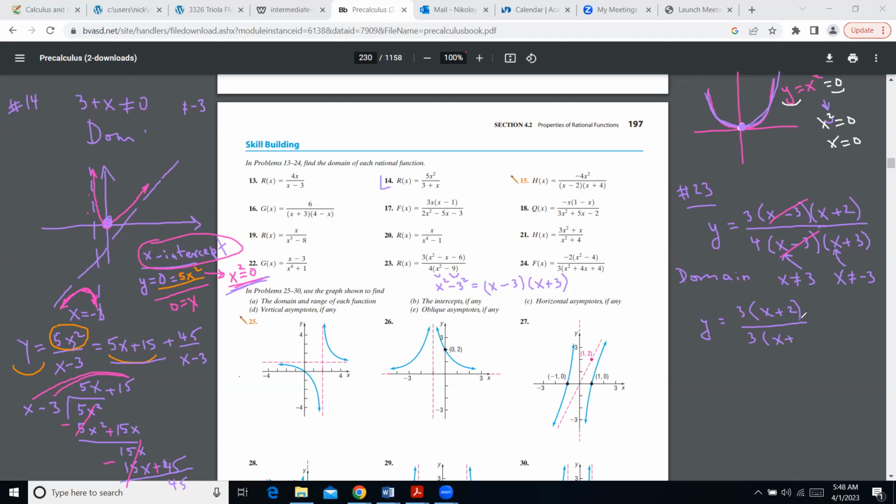So when I simplify this little function, it's actually not 3, but 4. Should be careful. I need to wake up. 4. So it's 4 times x plus 3. So then I'm going to have the only one vertical asymptote at x equals negative 3.